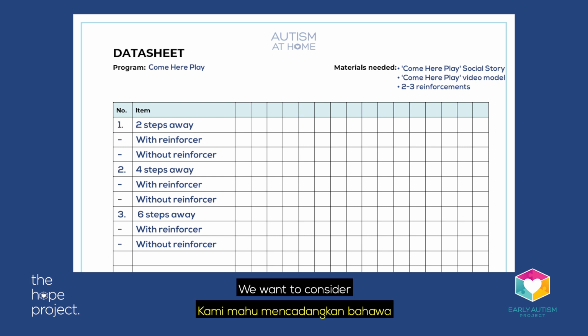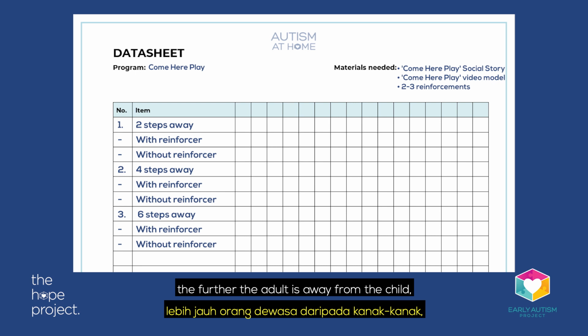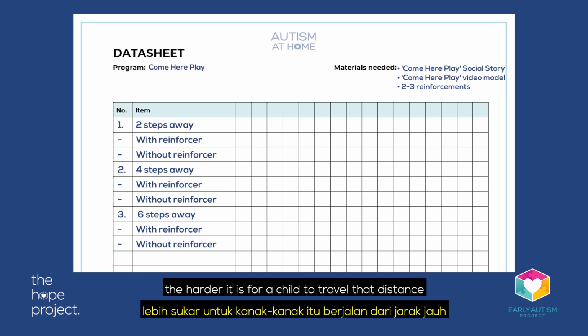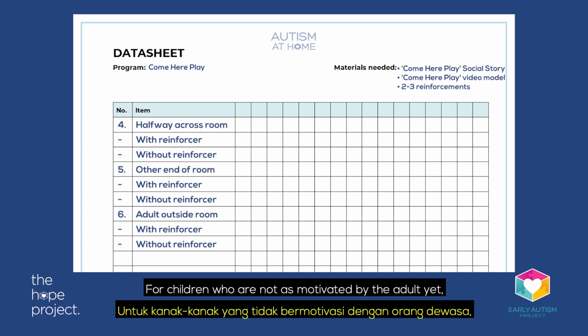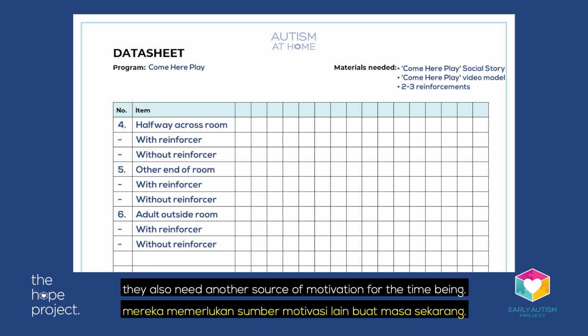We want to consider the further the adult is away from the child, the harder it is for a child to travel that distance successfully to the adult. For children who are not as motivated by the adult yet, they also need another source of motivation for the time being.